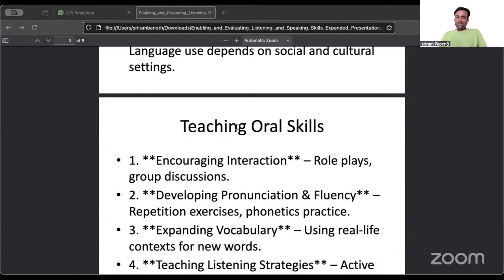Then students do role plays or group discussions. If a teacher gives any topic and asks them to discuss or conduct role plays, then of course they speak themselves, they understand each other, and they share their information.